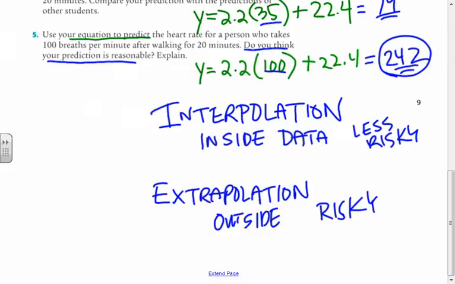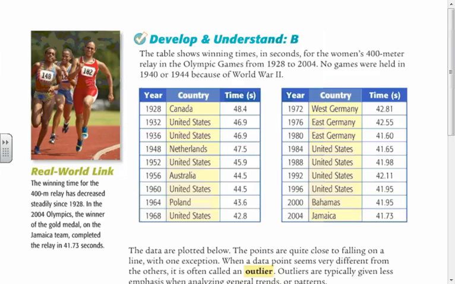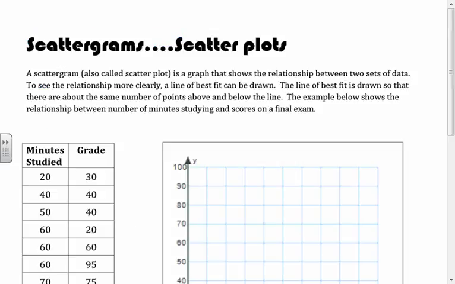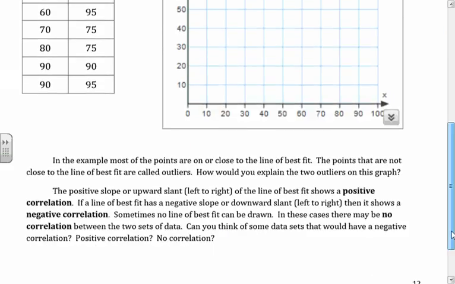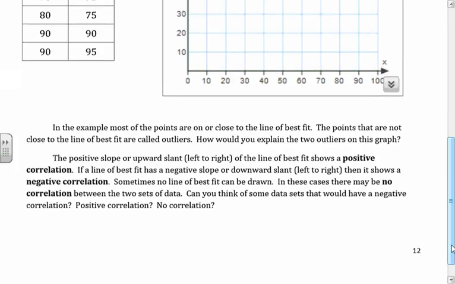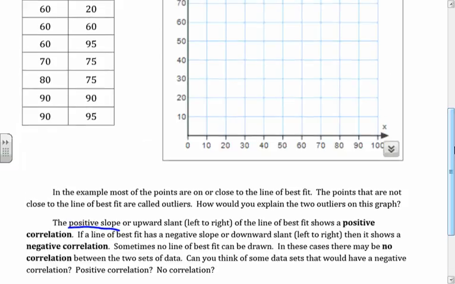All right? There's something else I want you to know about data. Let's move on to this page here. There are a couple of words I want you to know. When you have a positive slope, and you guys know what that means, the line is going like this.